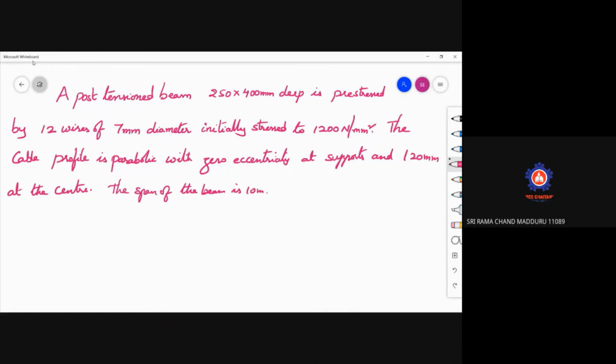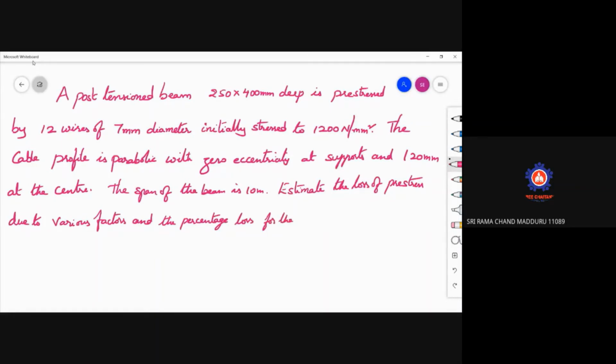Estimate the loss of pre-stress due to various factors and the percentage loss from the following data.